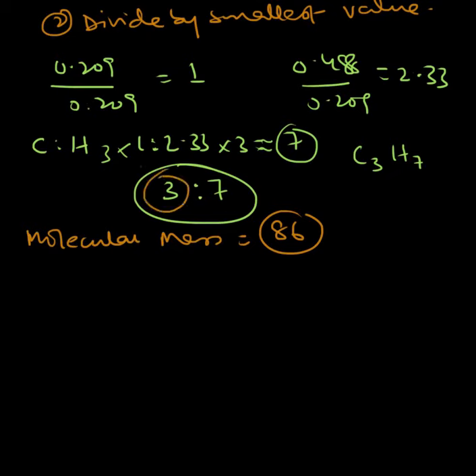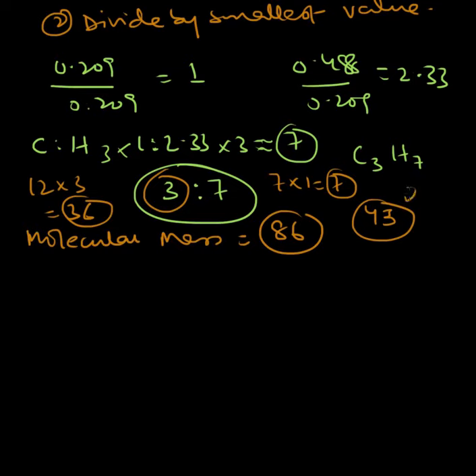If you recall, the AR of C was 12. So 12 into 3 becomes 36. Similarly, 7 of hydrogen, 7 into 1 is 7. Adding the two, 36 plus 7, that is 43.